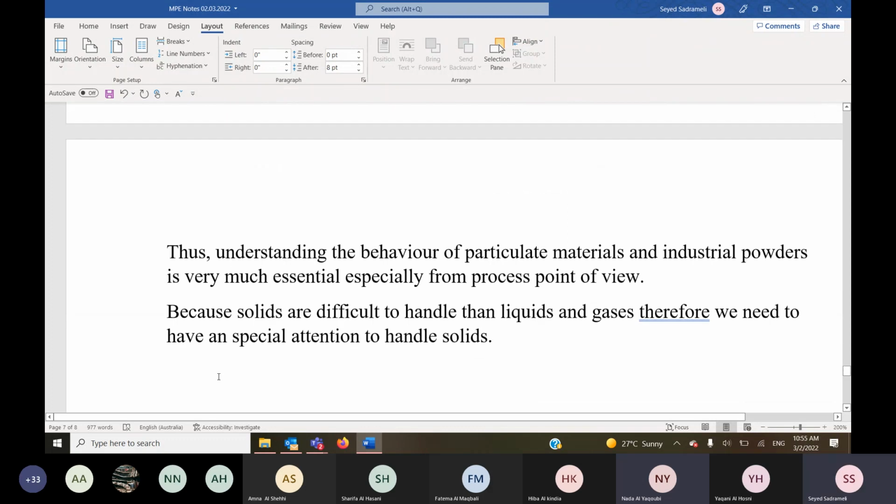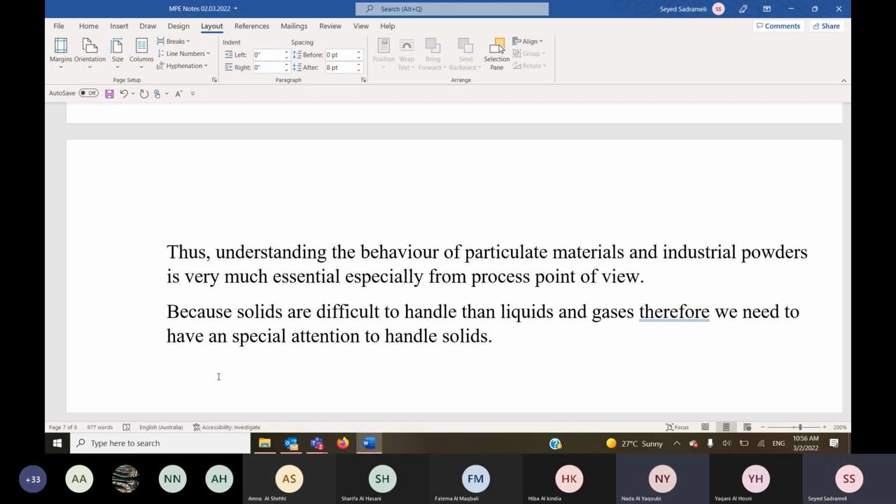Thus, understanding the behavior of particulate materials and industrial powders is very essential, especially from the process point of view, because solids are more difficult to handle than liquids and gases. Therefore, we need to give special attention to handling solids.